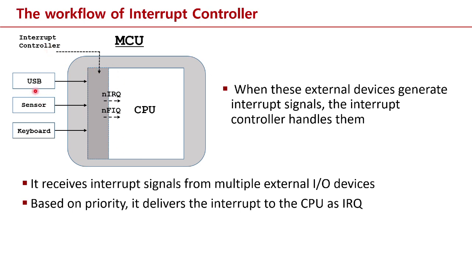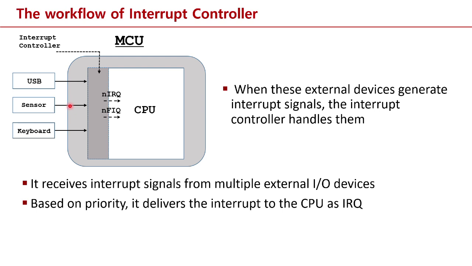Here, this box with USB, sensor and keyboard are external peripheral devices. The USB, sensor and keyboard peripheral devices signal interrupts when there are changes at the hardware level. For example, if you connect a USB cable to your smartphone, a USB interrupt is generated.